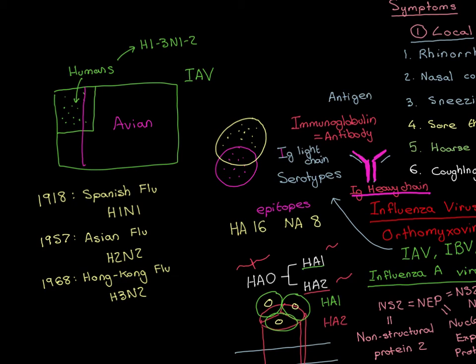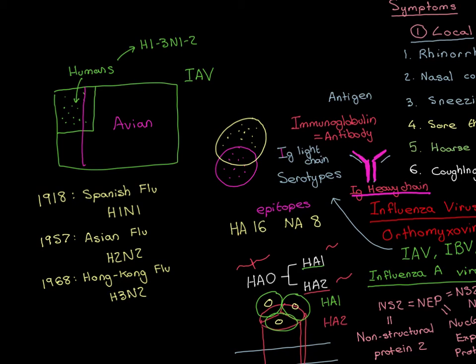Now, what's one of the key things that I want to put on this picture? A final species that can be infected by influenza A viruses, and when I say it's the final species, it's not. It's just the final one that I want to put on this picture.